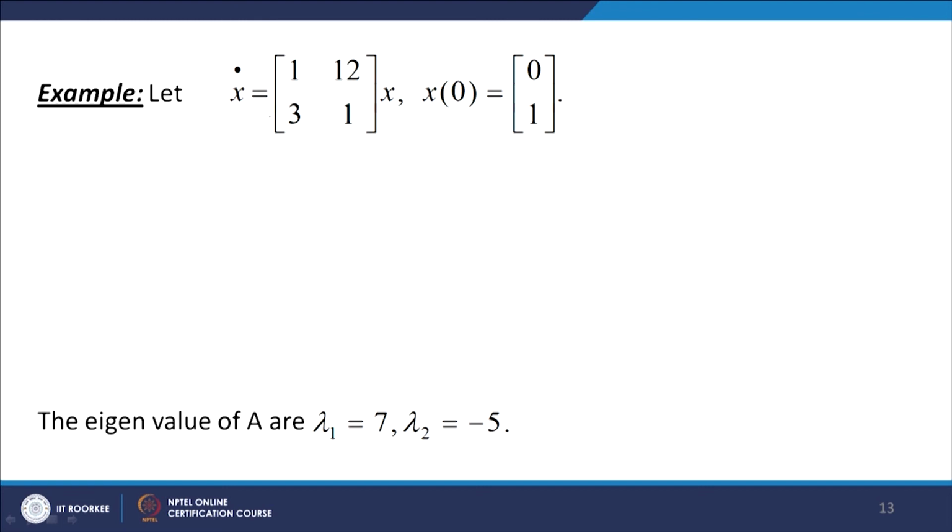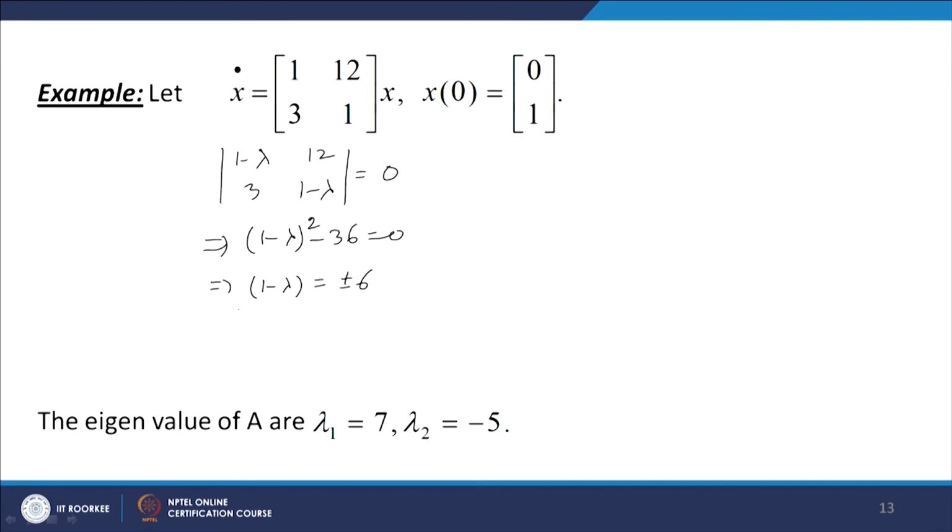So again we shall write the characteristic equation here, determinant of (1 minus lambda, 12; 3, 1 minus lambda) equal to 0, and this will give you a quadratic equation in lambda, (1 minus lambda) whole square minus 36 equal to 0. So you can say that 1 minus lambda is equal to plus minus 6.